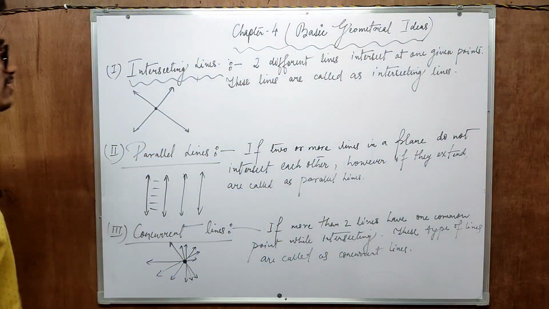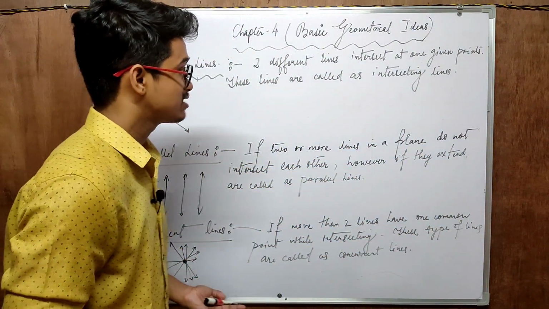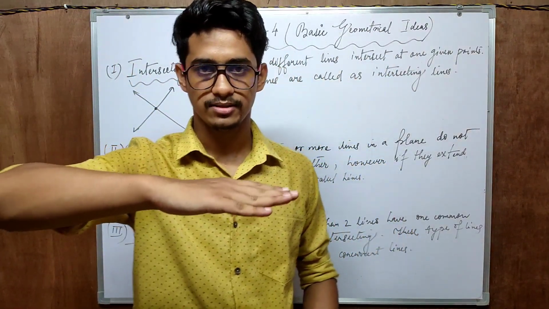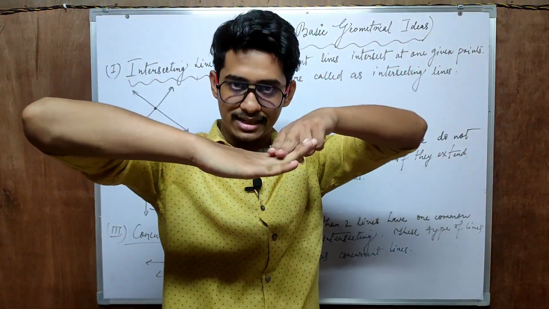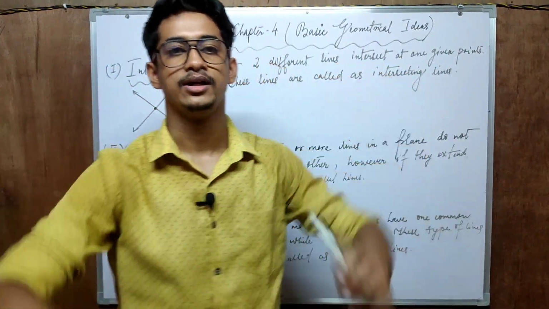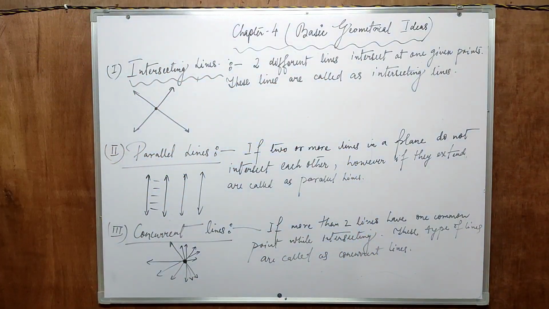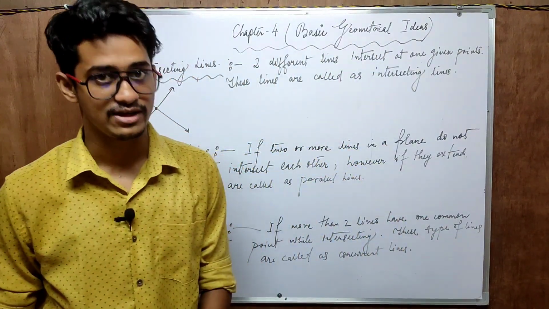Why is it called a plane surface? Because there is no curve being seen. If I take my hand and tilt it, that creates a curved part. That is called a curved surface, and this is called a plane surface. Later on we understood what smooth surface and rough surface mean.